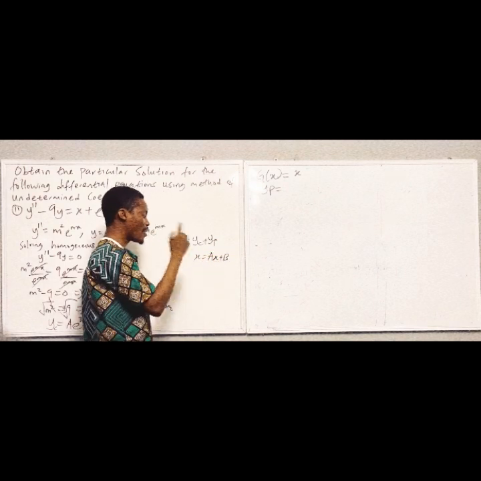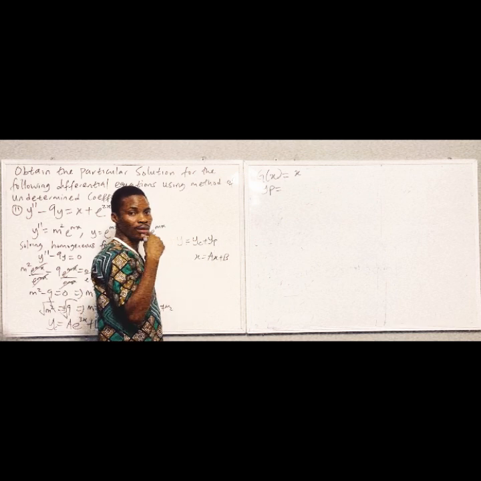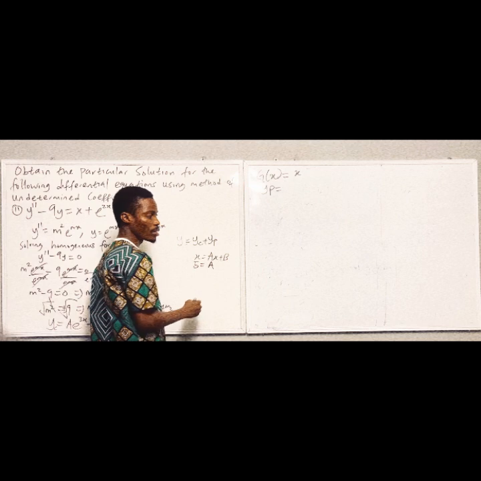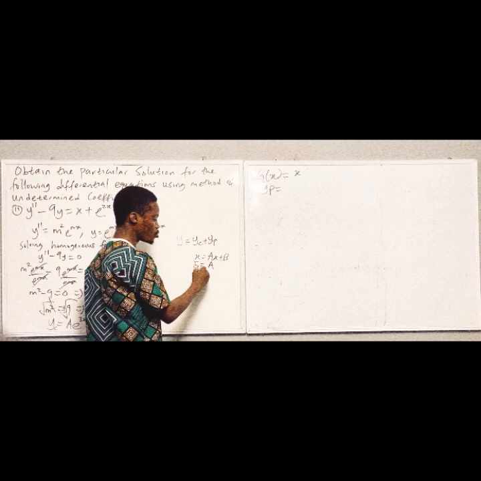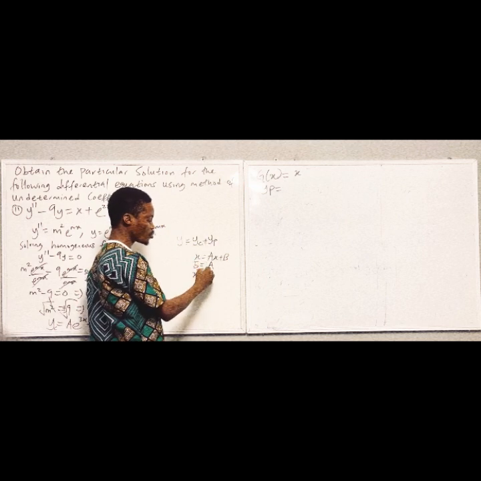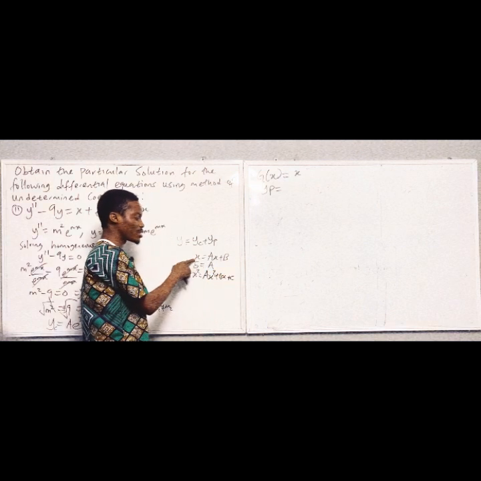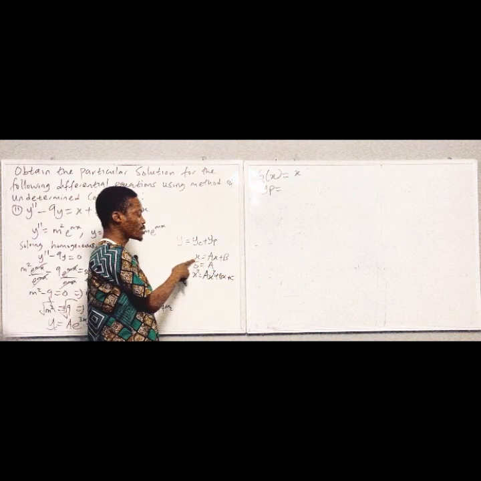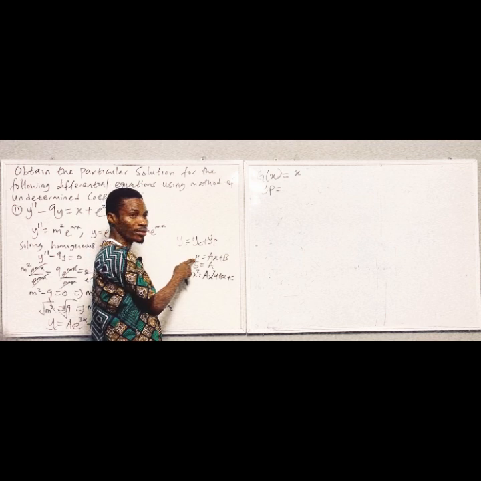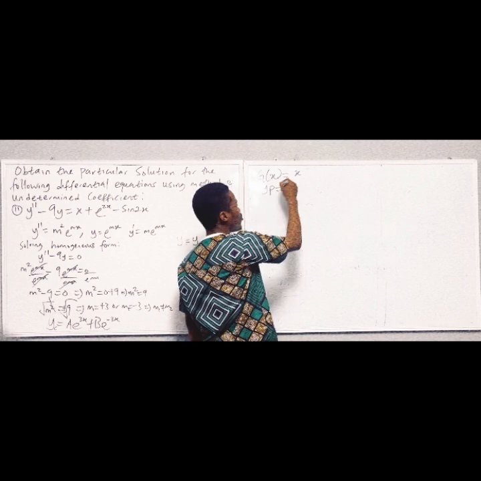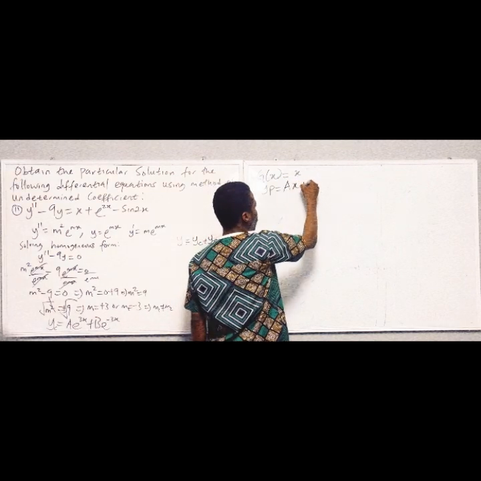If I have a constant, like 5, my complementary factor is A. If I have x to the power of 2, my complementary factor is ax squared plus bx plus c. That is, it will start with the power that we are giving to the constant. So my y of p will now be ax plus b.